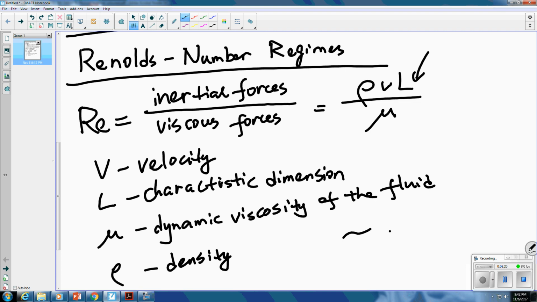If I have a pipe flow, I might use the diameter D instead of the length of the pipe. The characteristic dimension here is the diameter. But if I have a rectangular plate, I might use the length of the plate or height of the plate. You have to see what the situation is and define what dimension you are using here.